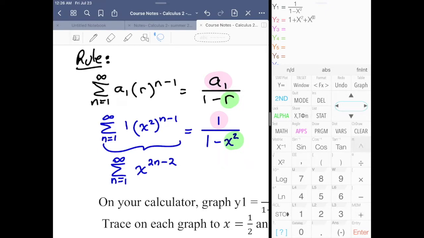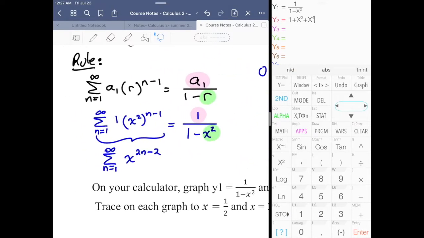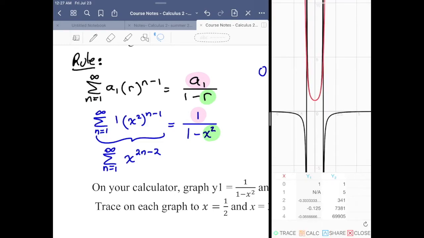If I plug in a 3, let's see, that's going to be 6 minus 4, so x to the 4th. If I plug in, I think it's the first 5 terms, yeah. So what am I up to? 4. So that's going to be 6. So it's even powers. So x raised to the 6th power, and then x raised to the 8th power. 1, 2, 3, 4, 5.